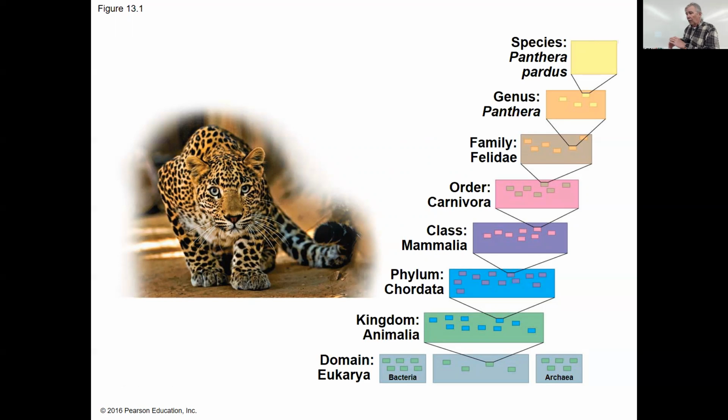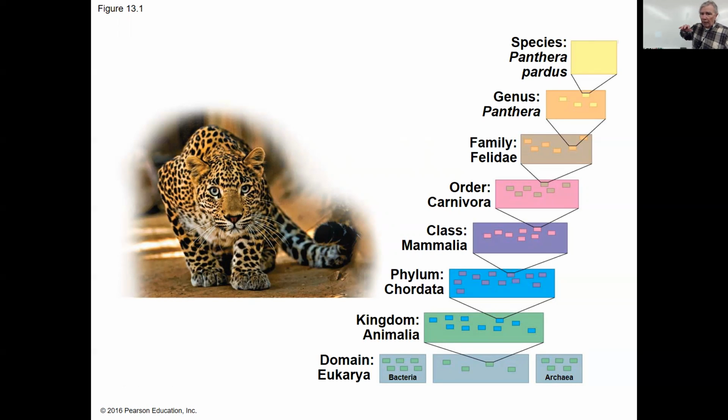Okay, class Mammalia. Now we're getting down into other more specific areas. Other classes in the phylum Chordata could be reptiles and amphibians, for example, and the fish.